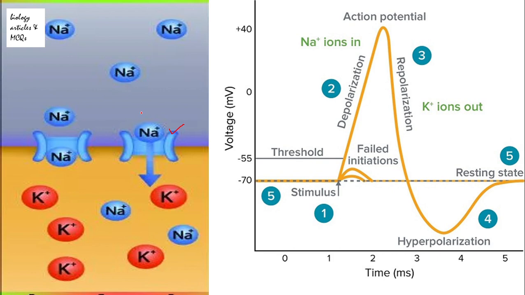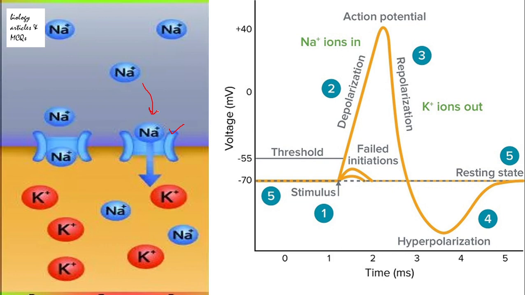One are simply the open channels, and the second one are the voltage gated channels. Here at this step, the channels that are working are the simple open channels. Means the sodium will move from the outside of the plasma membrane to the inside of the neuron.